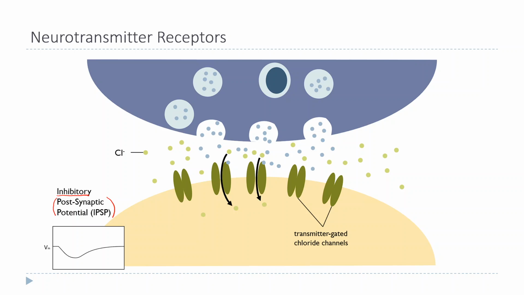But again, it's not the nature of the neurotransmitter, it's the nature of the channel. The only reason we say that GABA is inhibitory is because it typically causes the opening of GABA-gated chloride channels. So it's really because of the channel or the receptor that we say it's inhibitory, not because of the neurotransmitter. If you had, and you could, a GABA-gated sodium channel, then in that synapse, GABA would actually be excitatory.